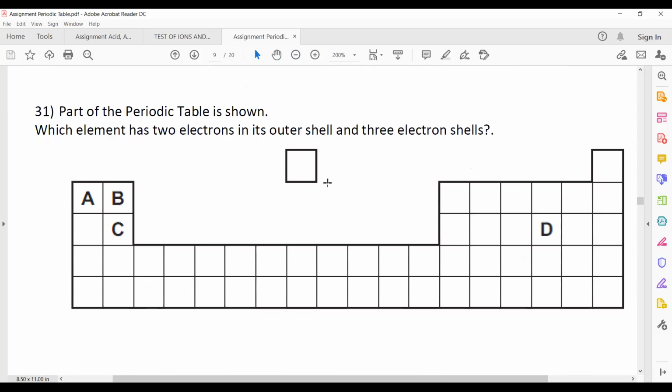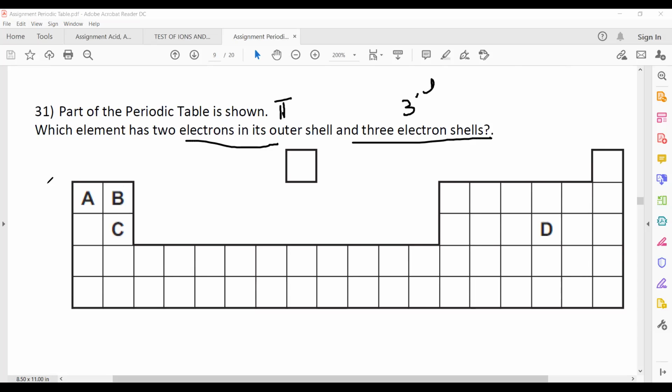Question 31. Part of the periodic table is shown. Which element has 2 electrons and 3 electron shells? Look, B and C have 2 electrons. That's true. But 3 electron shells means period 3. So group 2 and period 3.